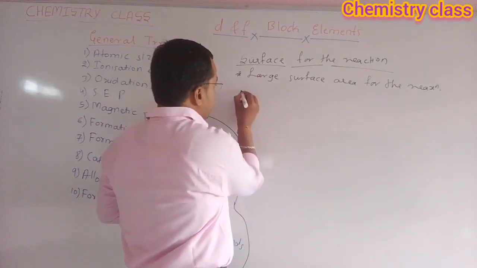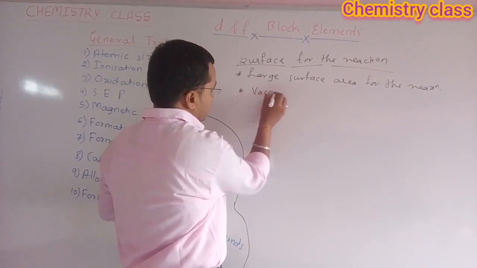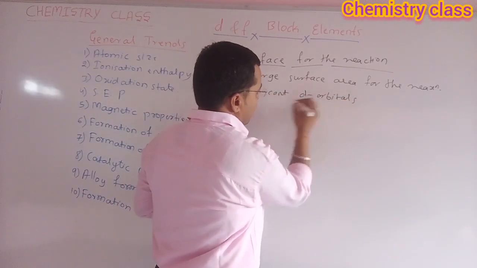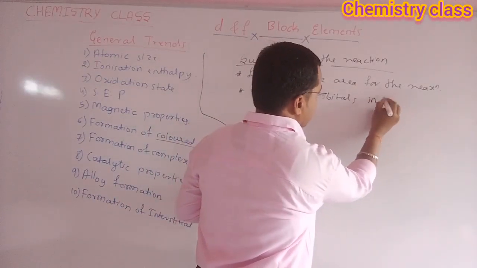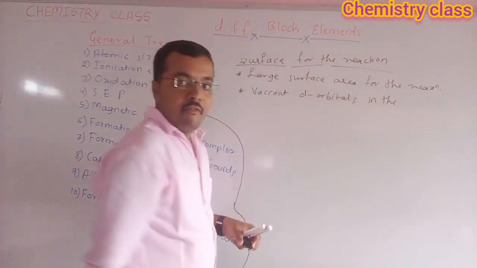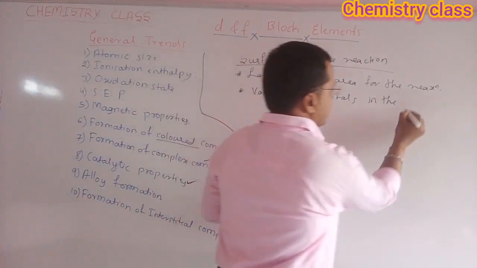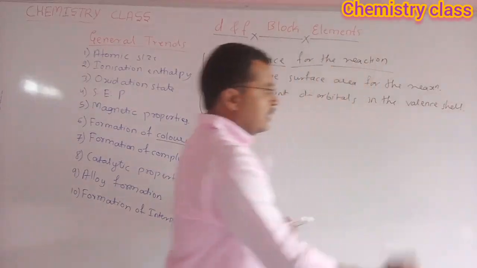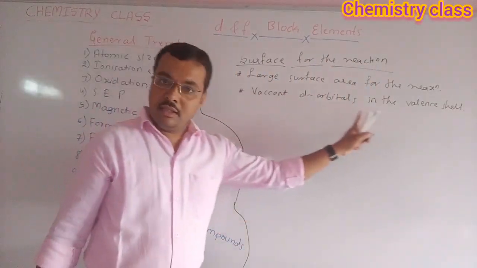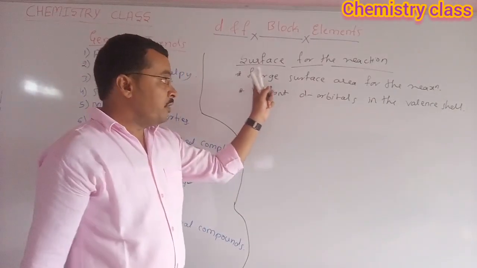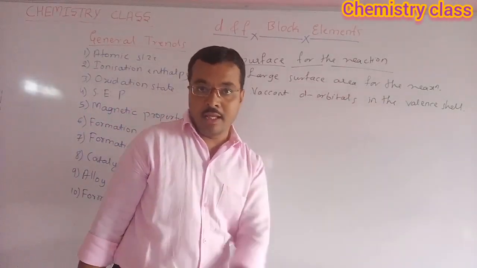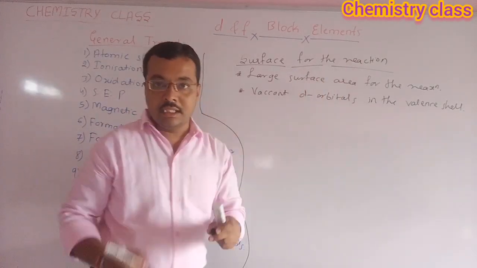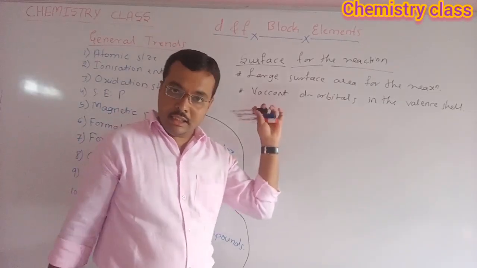They are having vacant d orbitals in the valence shell, and they will provide the large surface area for the reaction. Hence, these d block elements are catalytic in nature.